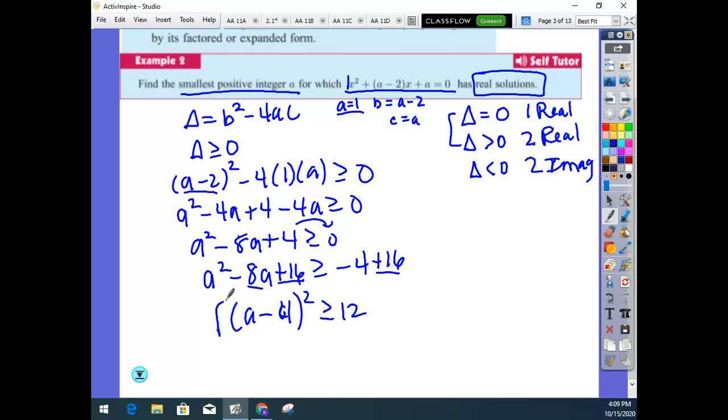Now, be careful, when you square root both sides, this is an inequality. Typically, we have our plus and minus. We still need that. On the positive case, my inequality stays the same, keeping the greater than. The negative case, I switch the inequality.